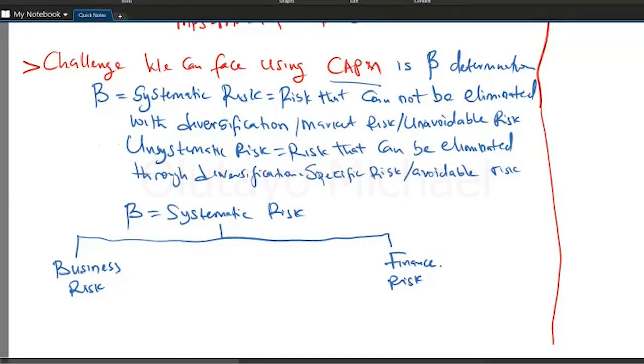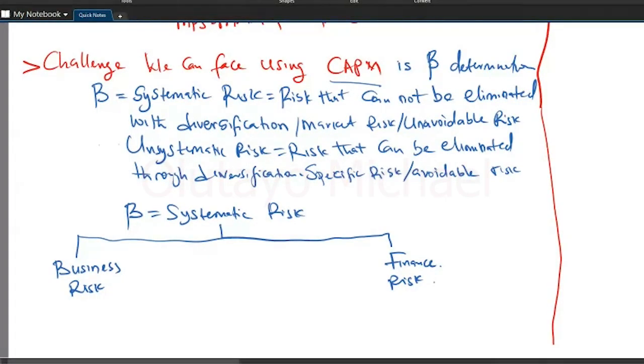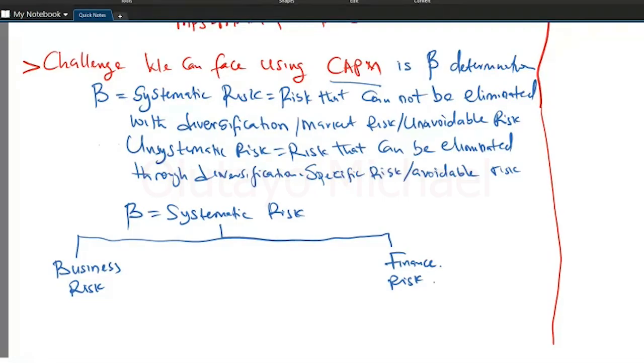What about finance risk? That one has to do with the risk of raising debt and the ability to meet up with servicing that debt. That means a company that does not have debt in its capital structure is not exposed to finance risk. I repeat, a company that does not have debt in its capital structure is not exposed to finance risk.